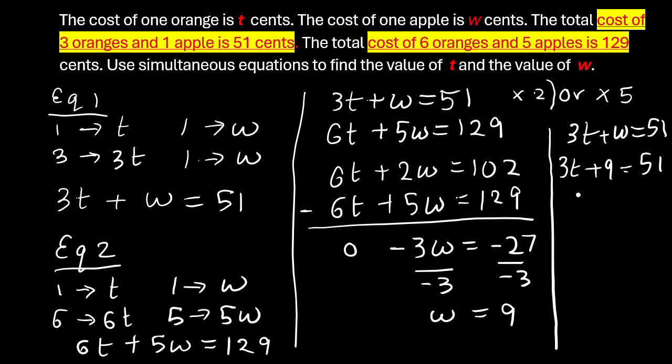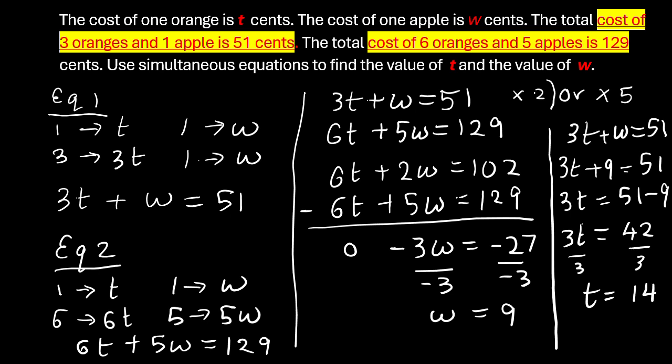We subtract 9 on both sides, so we end up with 3t equals 51 minus 9. Now 51 minus 9 is 42. So 3t is equal to 42. Divide by 3 on both sides, then we find that t is equal to 14.